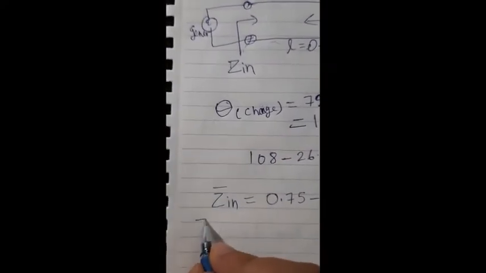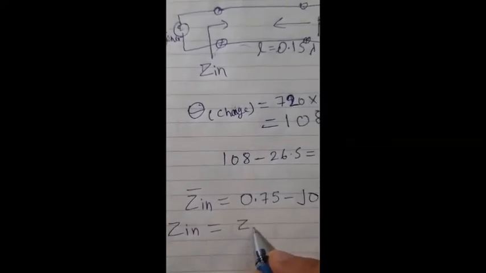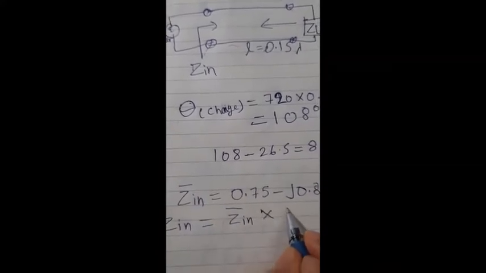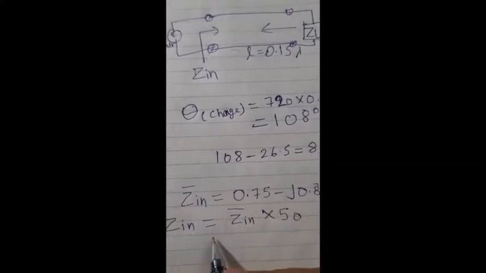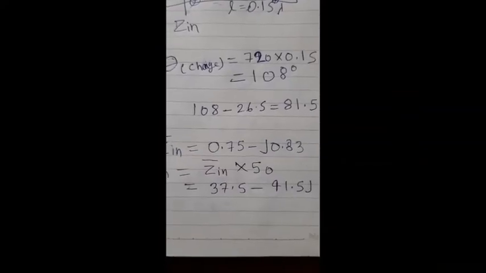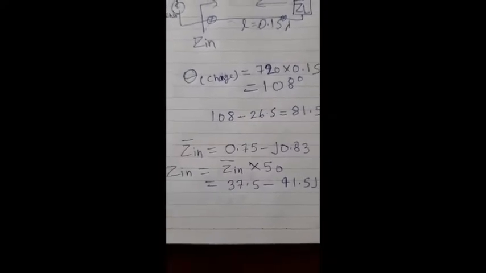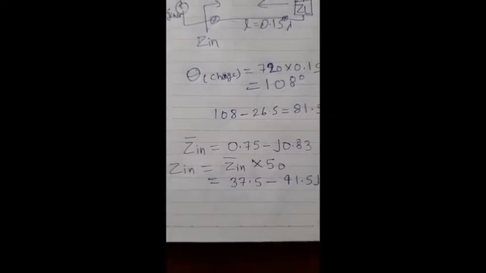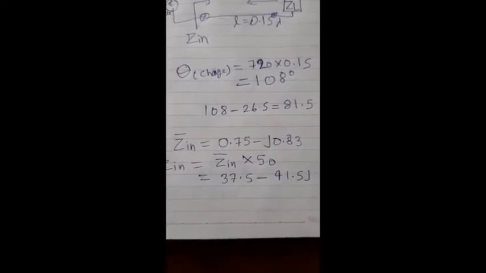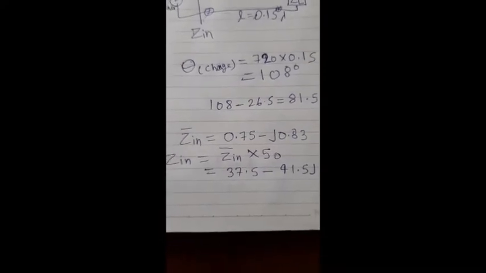Then Zin will become Zin bar into 50, which will be 37.5 minus j41.5. So the Zin value is 37.5 minus j41.5.